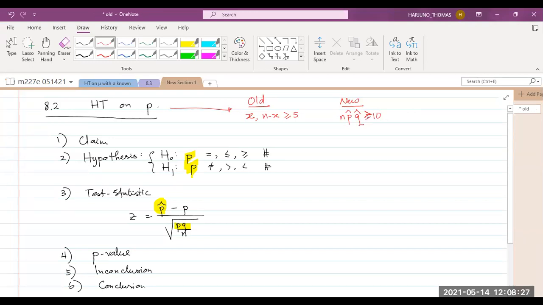We will always check that, but in real life, if you don't have this satisfied, just keep on adding to your sample size.